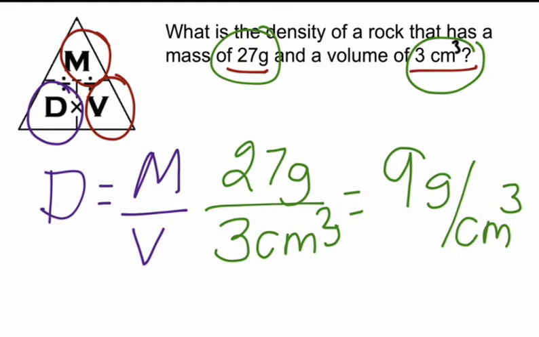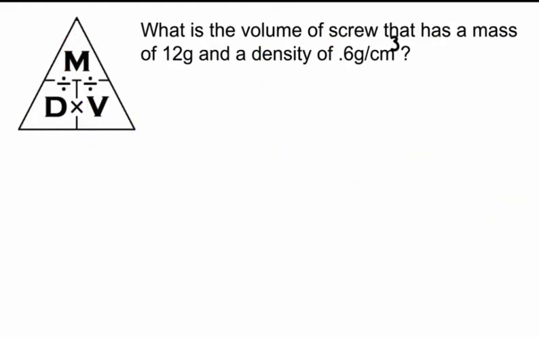Now let's take a look at how we would solve for volume. What is the volume of a screw that has a mass of 12 grams and a density of 0.6 grams per cubic centimeter? I can use the density triangle to find out how to arrange the equation for finding volume.